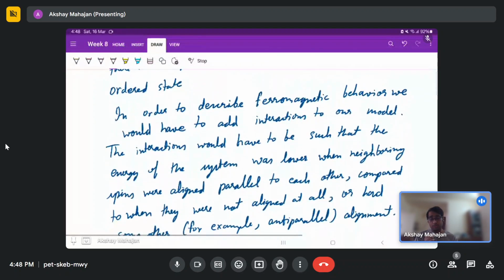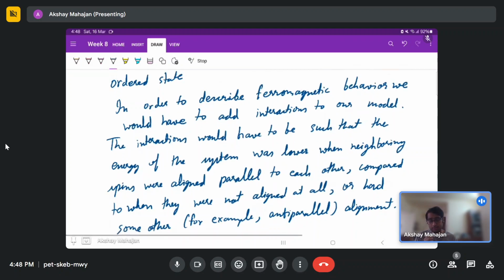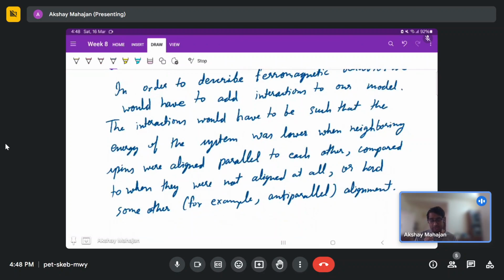If we want to make a system of spins which shows ferromagnetism, we need to add interactions to our model in such a way that the energy of the system decreases when neighboring spins are aligned parallel to each other, as compared to when they are not aligned at all or are aligned in some other fashion, like anti-parallel.